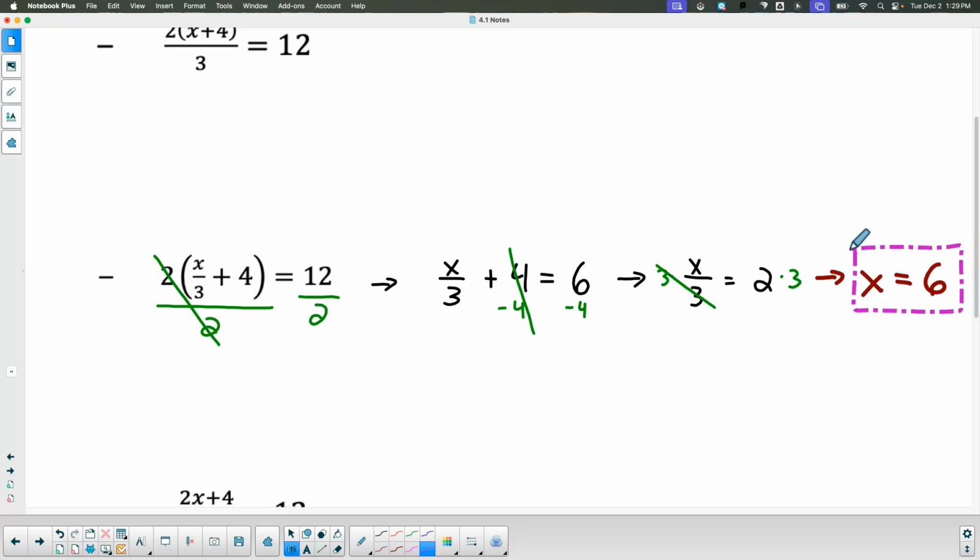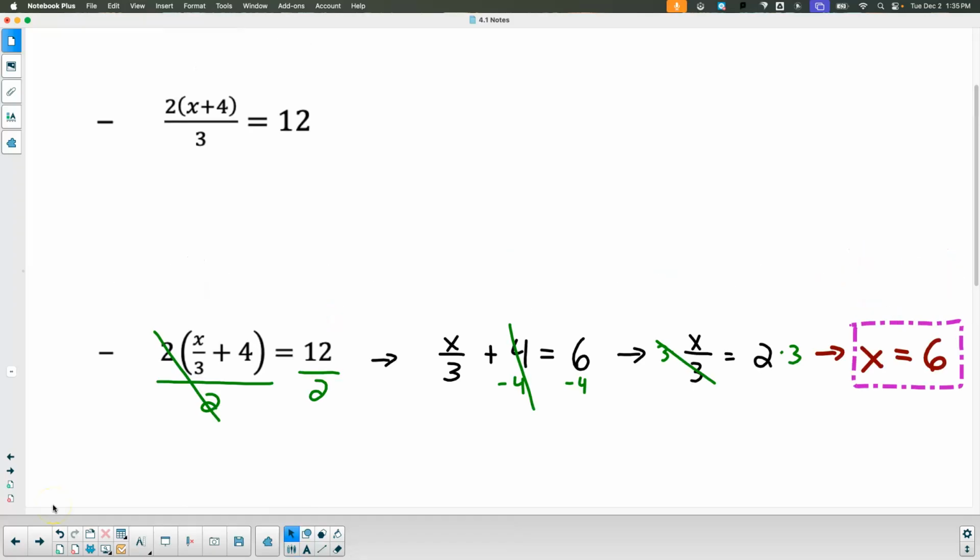Okay. You now individually do the first one and the third one. Go for it. First step in the first one. Multiply by 3.